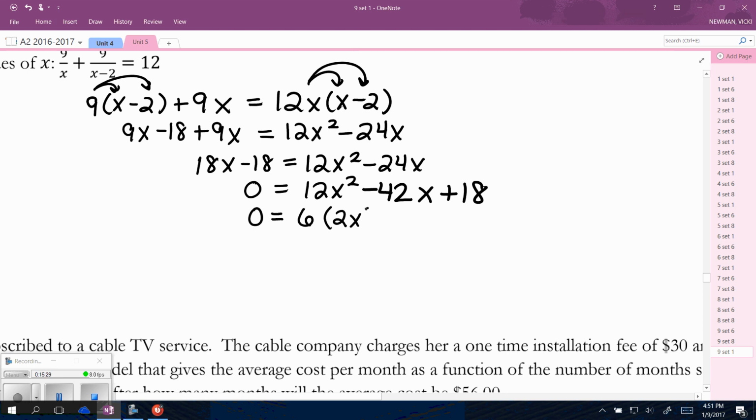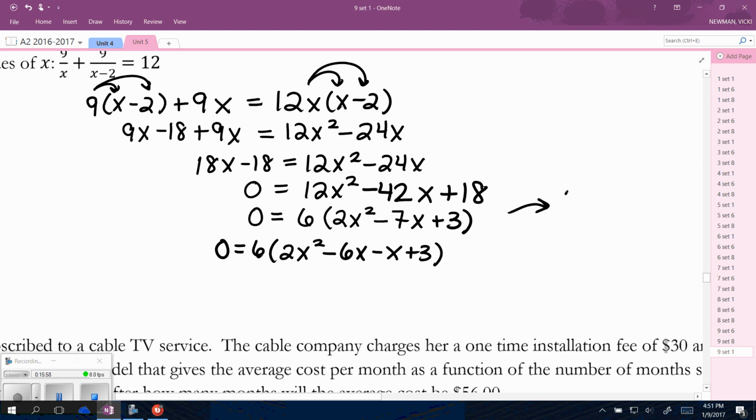2x squared minus 7x plus 3. My people, find two numbers that multiply to be 6, sum to be negative 7. What did I say? Multiply to be 6, sum to be negative 7, so negative 6 and negative 1.